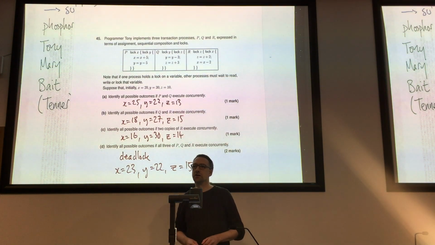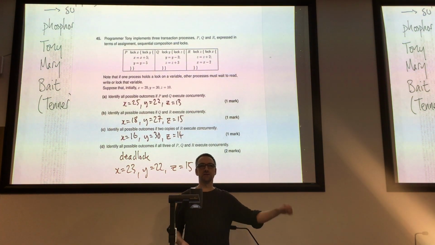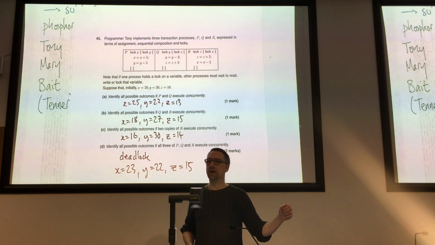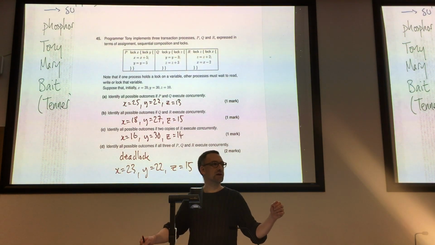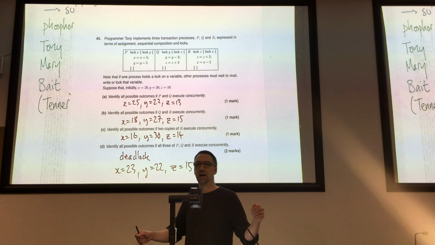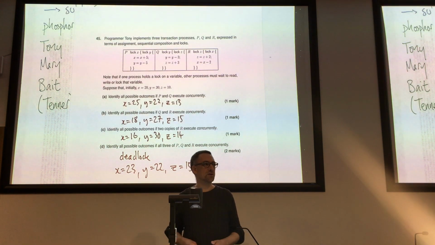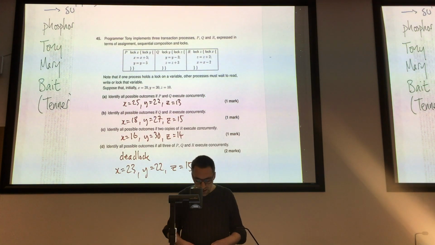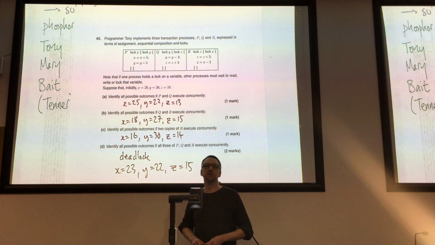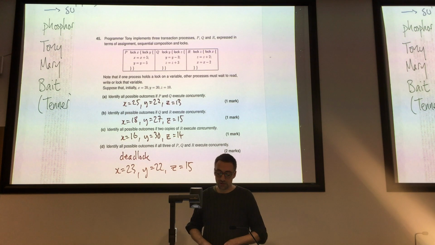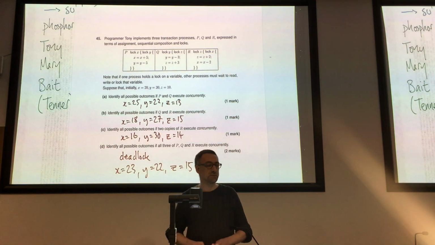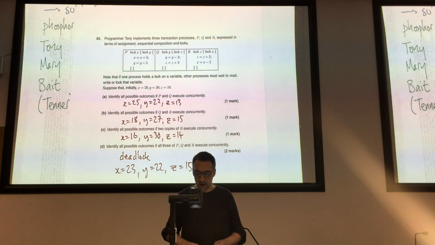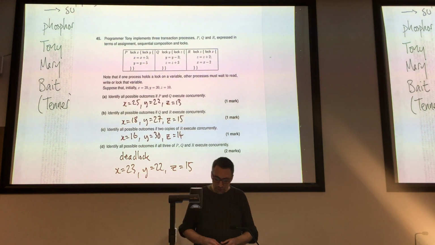Because there's the danger that if everybody picks up the chopstick to their left, then they're just waiting to pick up the next chopstick, and they're never going to get to eat. So this is a real problem when operating systems are managing resources, the danger of deadlock. And it requires some sort of discipline about how to manage it.